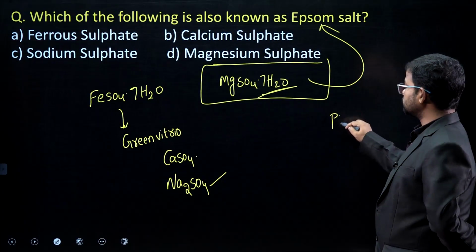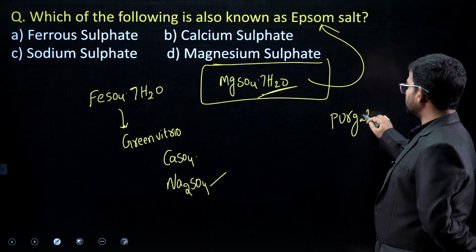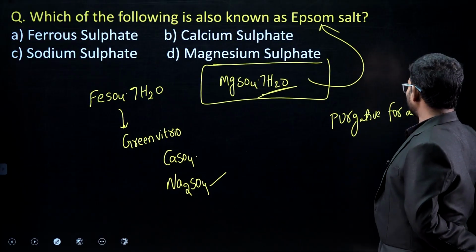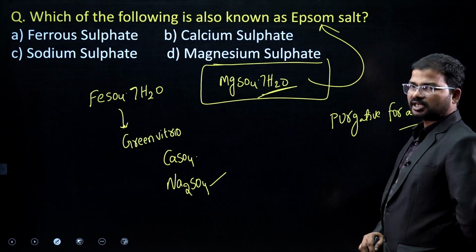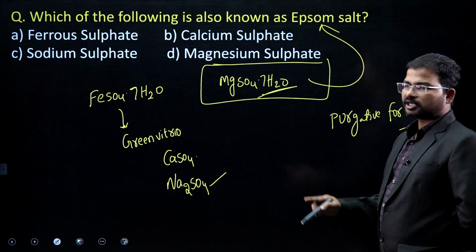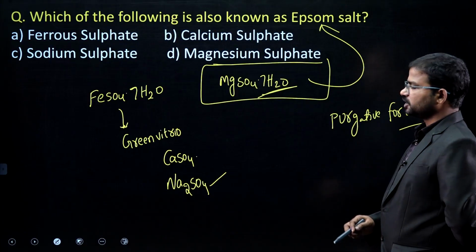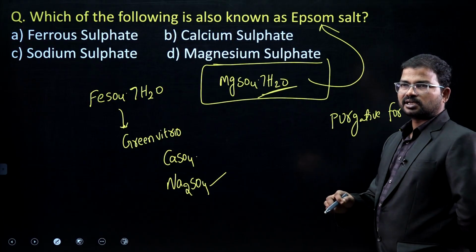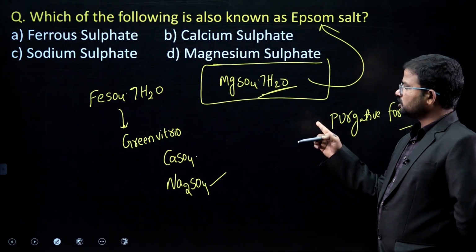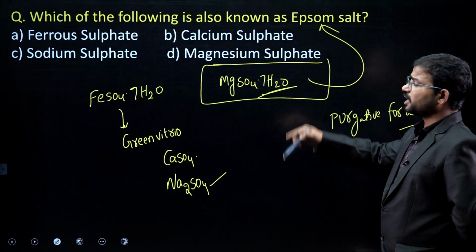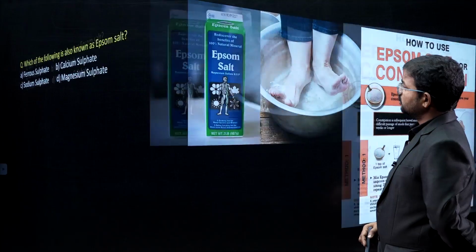To overcome constipation, we should consume magnesium sulfate, Epsom salt, with some water and lemon juice.